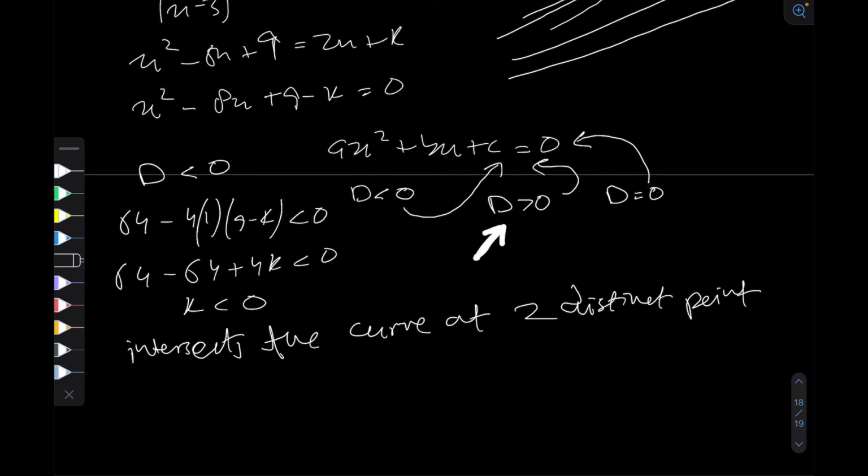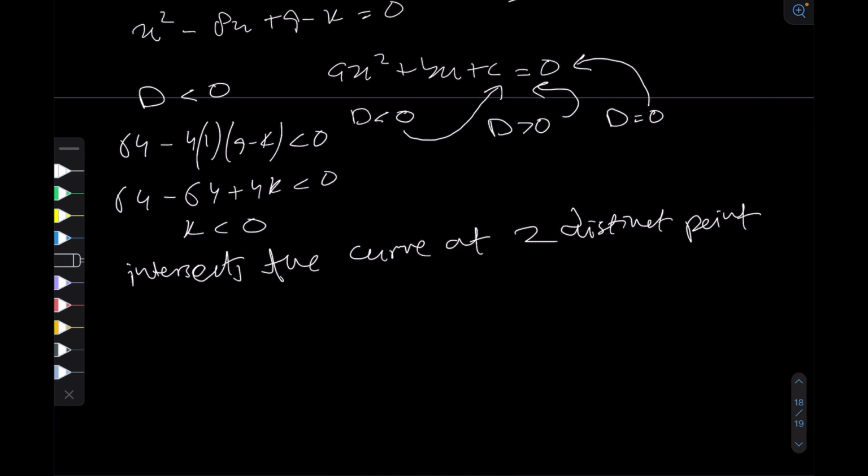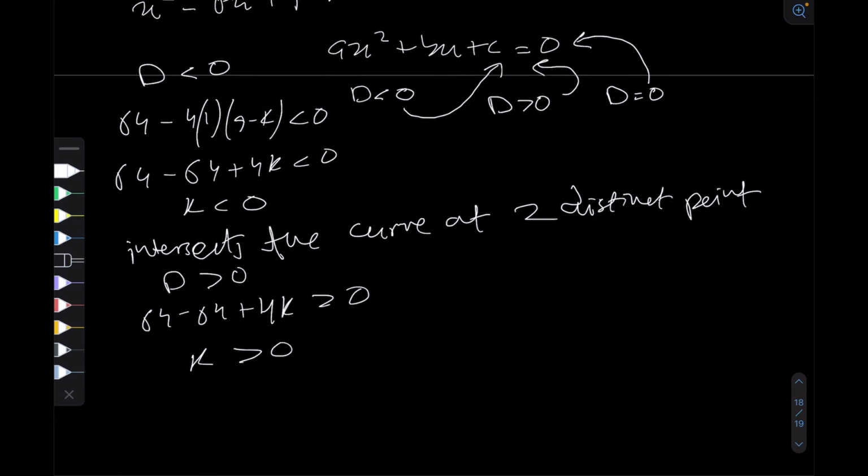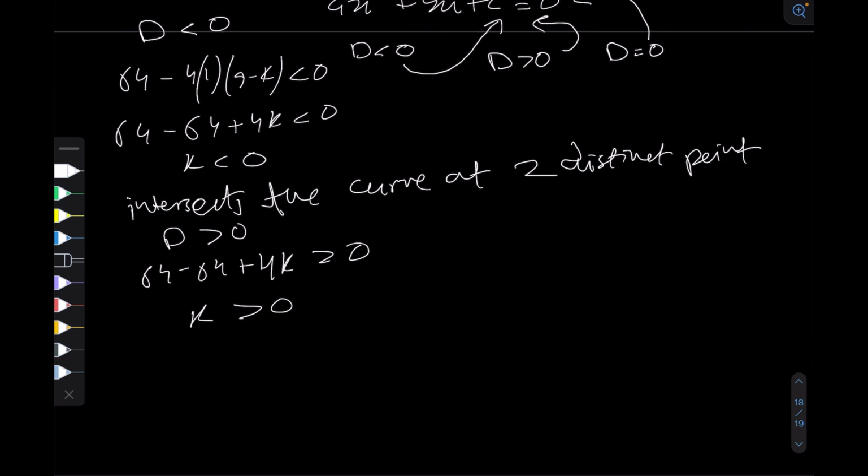When d is positive, we have two solutions. So we'll take the same d and set it to greater than 0. We get the same thing, 64 minus 64 plus 4k is greater than 0. So for any value of k greater than 0, the line will intersect the curve at two distinct points. And of course, similarly, if I set my d equal to 0, it will give me that exact value of k for which it just touches the curve, that is k equals 0.